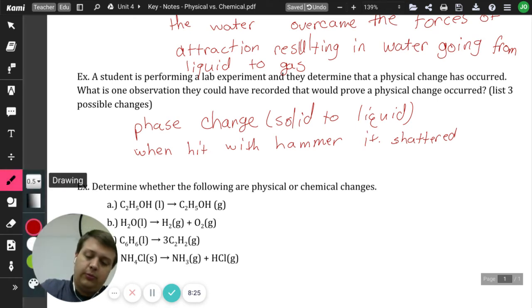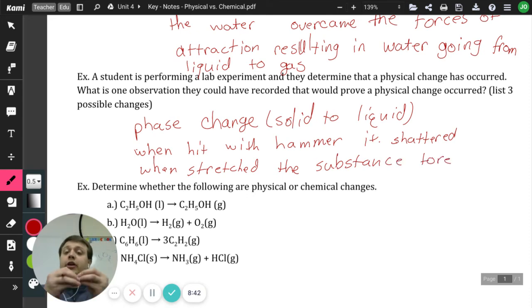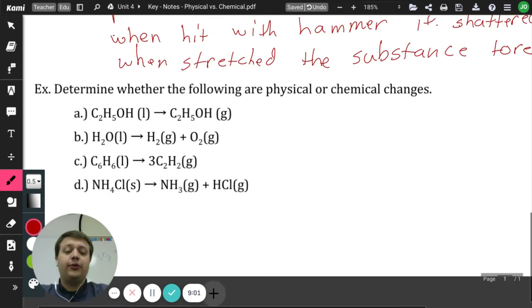So when stretched, the substance tore. Okay, so instead of actually stretching into a wire, it actually just broke. Okay, so just some basic examples of physical change occurring. So it could be anything else. You don't have to put these three. I want y'all to kind of think about what are some things that you would see with a physical change occurring. Okay?